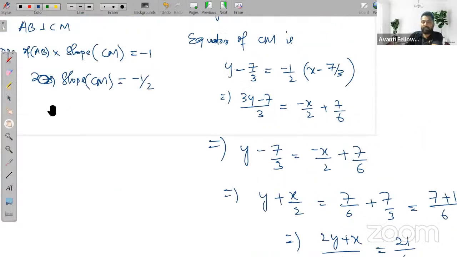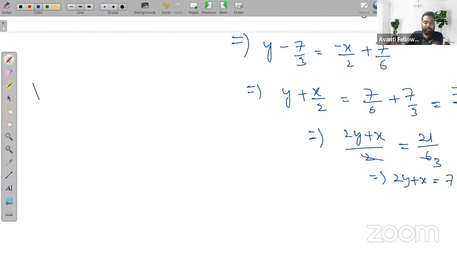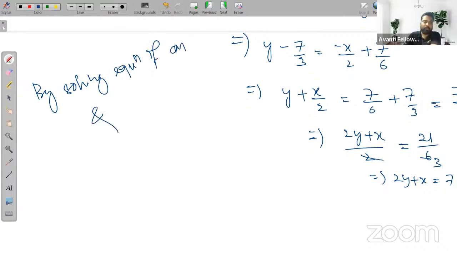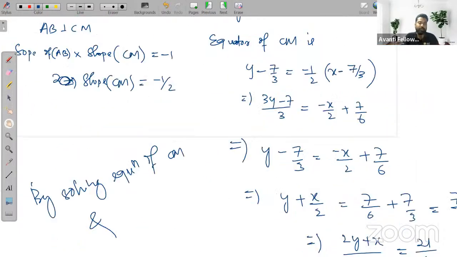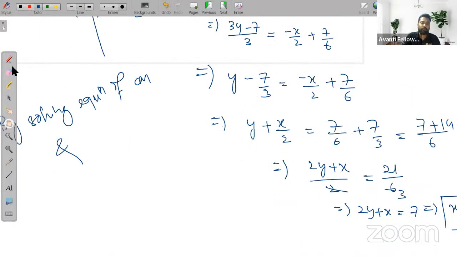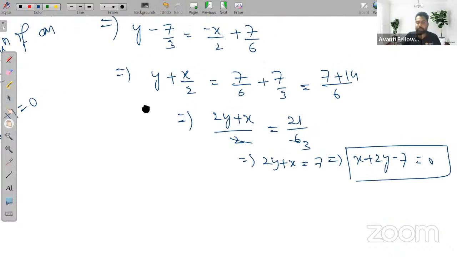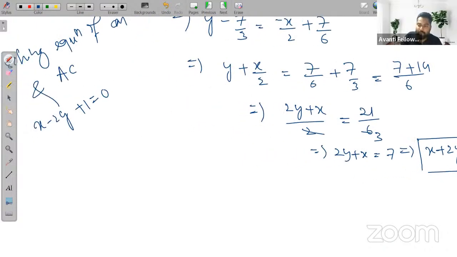By solving the equation of CM and AC, you'll get the coordinates of C. The AC equation is x minus 2y plus 1 is equal to 0, and the equation of CM is x plus 2y minus 7 is equal to 0.